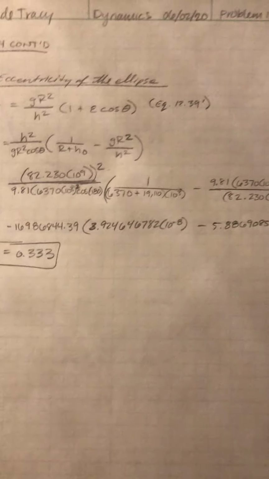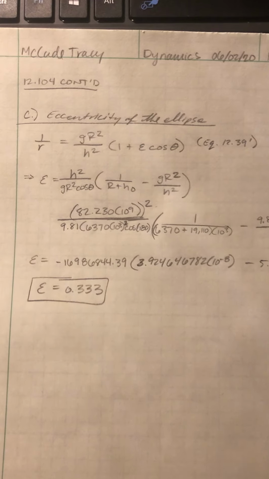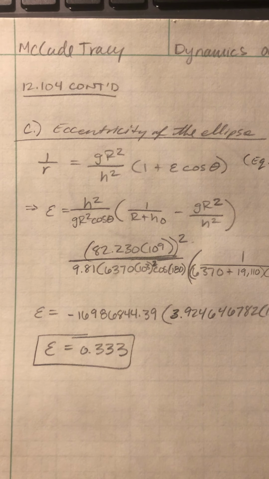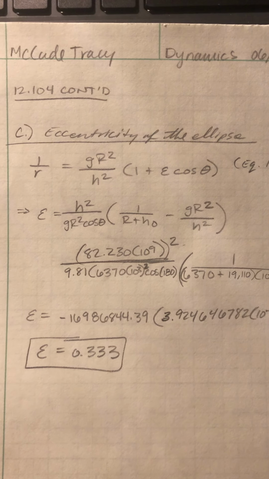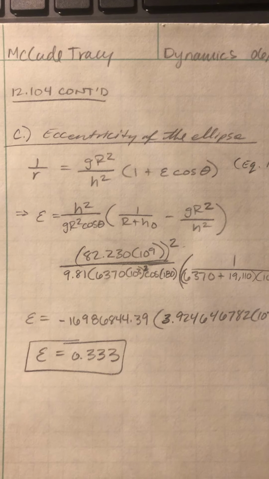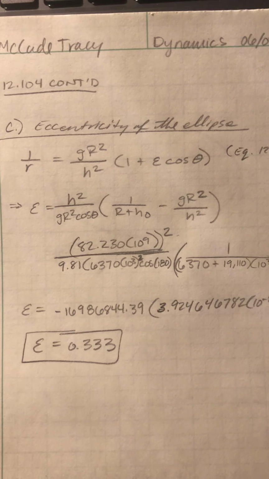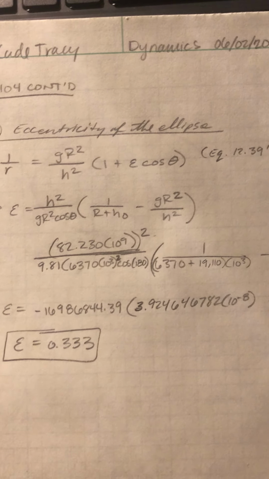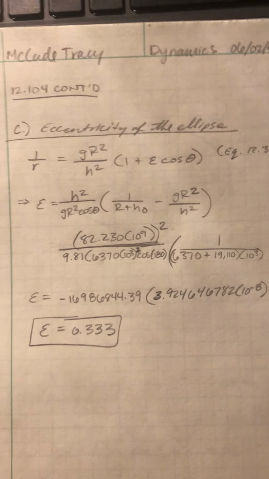Continuing on to part C for the eccentricity, using the equation from the book of 1 over r equals GM times capital R squared over h squared times 1 plus epsilon cosine theta.